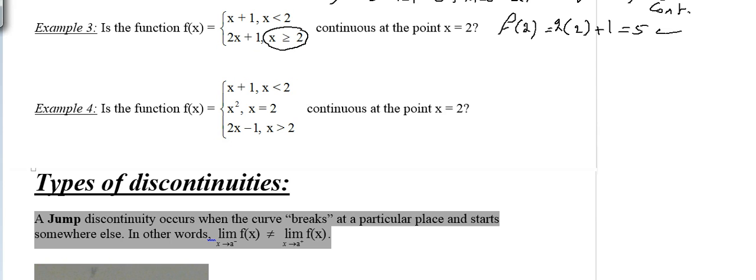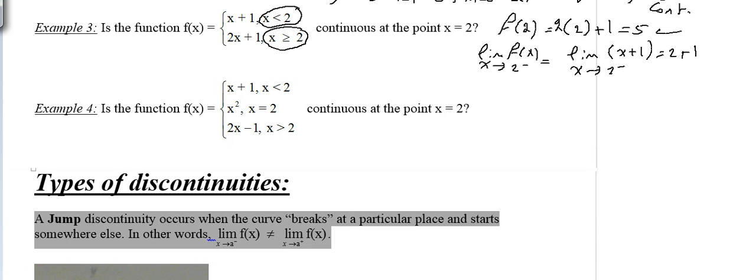So the first condition exists. Second condition: the limit of f of x as x tends to 2 minus equals the limit of x plus 1 as x tends to 2 minus, because less than 2, 2 minus, we have it here in the first part. So it is 2 plus 1, which is equal to 3.